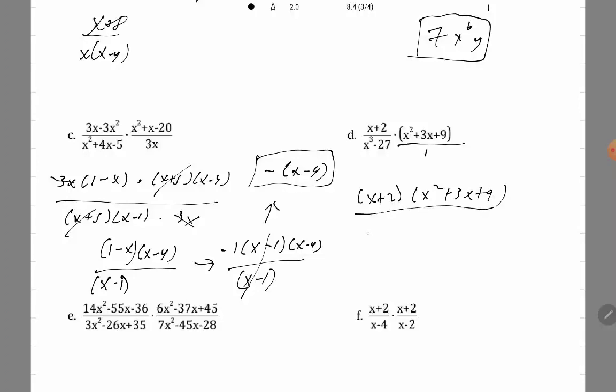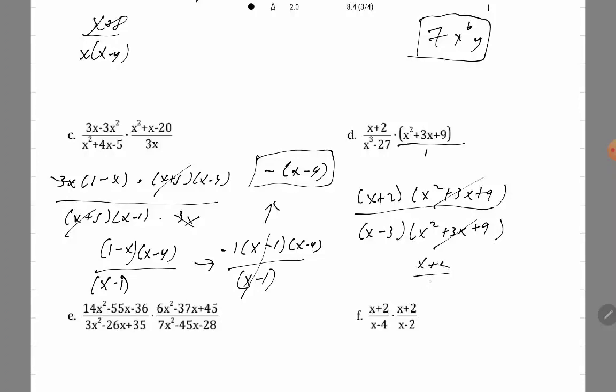So that'll factor into a minus b, which is x minus 3, x squared times ab, which is 3x, plus b squared, which is 9. So that'll cancel out with that.